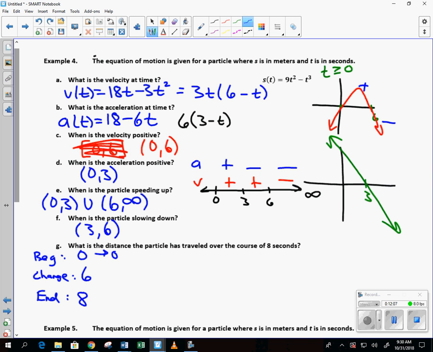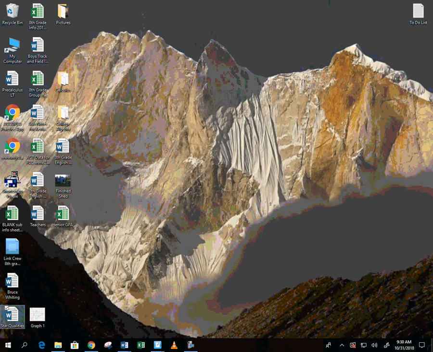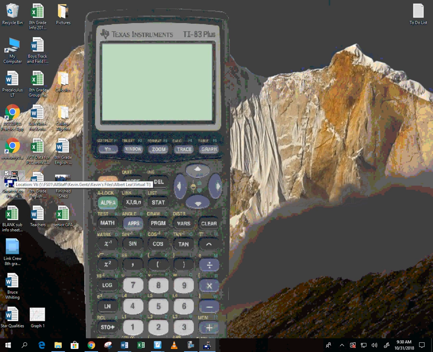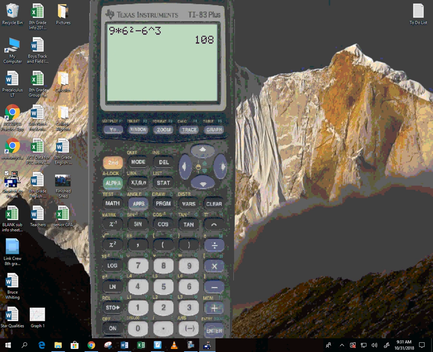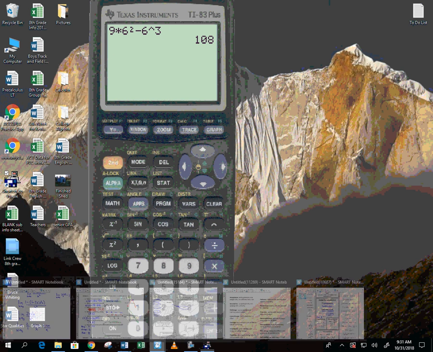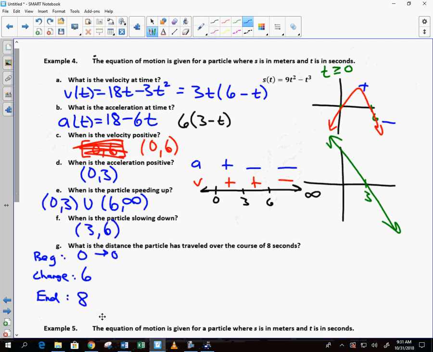If you plug in 0, what do you get? You get 0. If you plug in 6, we got 6 squared is 36 times 9. Oh, now I really want to use a calculator. Okay, so we do 9 times 6 squared minus 6 to the third power, and we get 108. So that means that it has a position of 108.